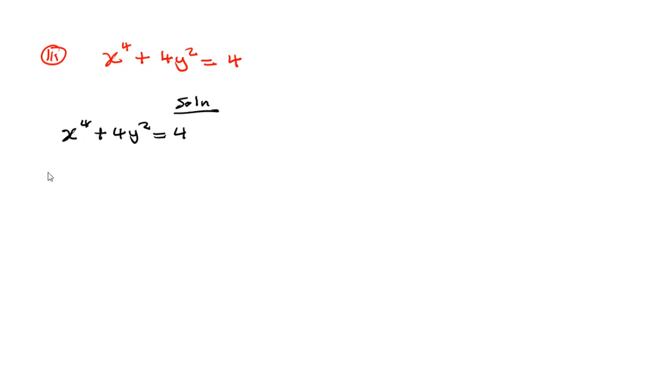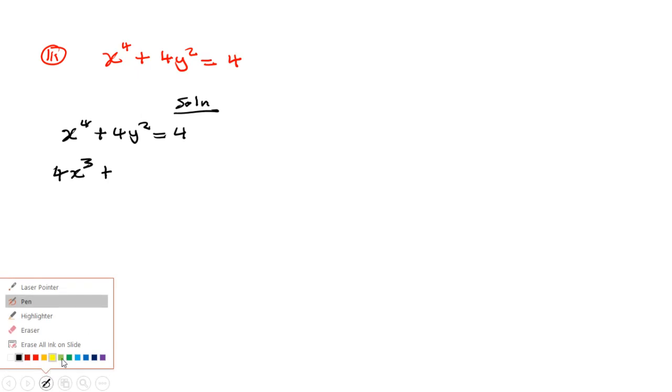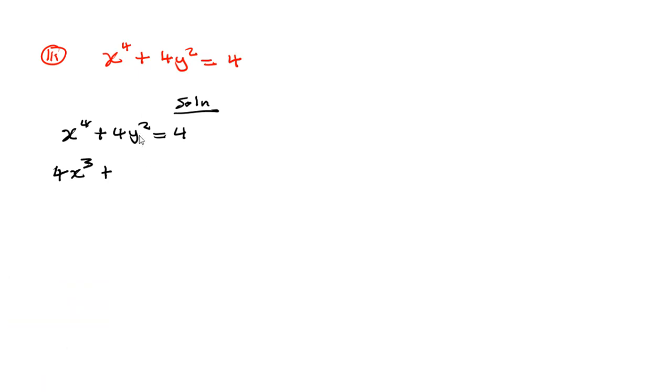If you differentiate this, using the power rule, this will be 4x to the power 3, plus, because we are now differentiating y, you are going to put a dy/dx.